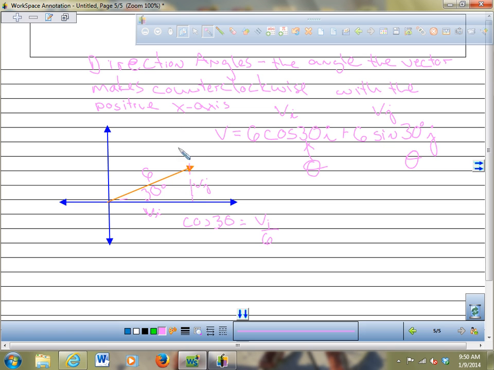That's very useful for vector problems, like finding forces on things, directions that airplanes are going, or different tensions on cables. Maybe you have a cable pulling this way, and you want to know how many pounds are going this way and how many pounds are going this way. We'll do some examples, you'll see. So that's the thing about direction angles, and I'll give you a couple examples.